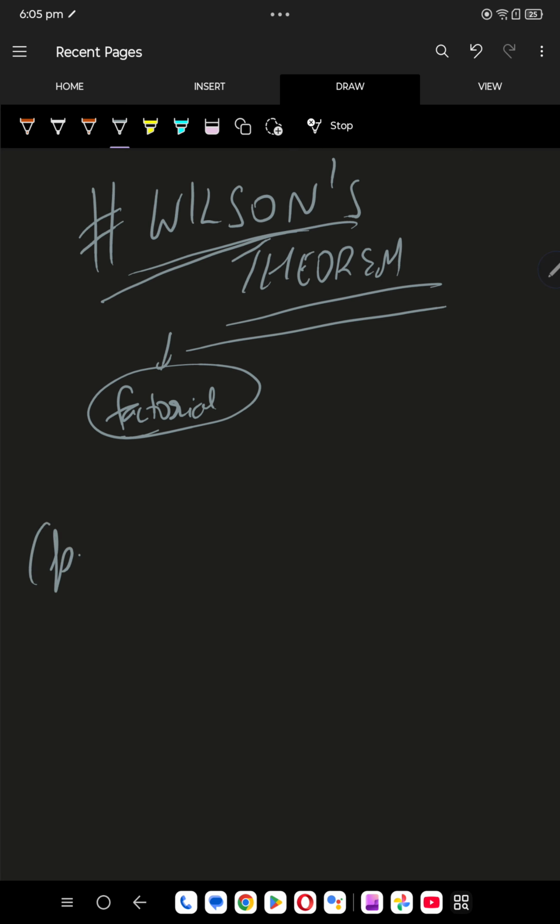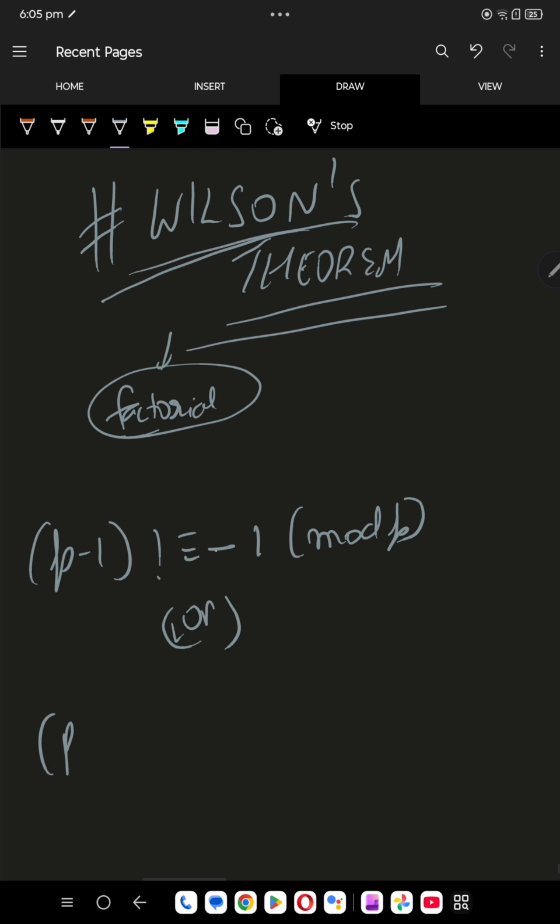So (p minus 1) factorial is congruent to minus 1 mod p, or it is another formula, (p minus 1) factorial is congruent to p minus 1 mod p, where p is a prime number.